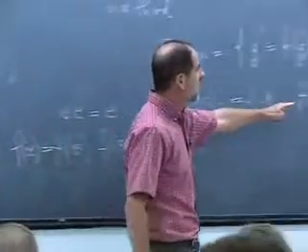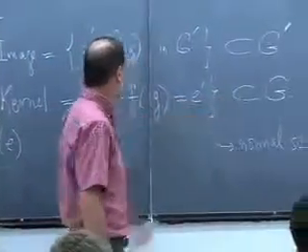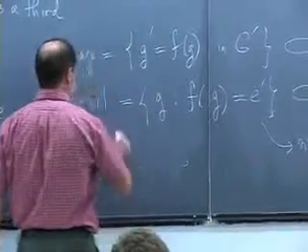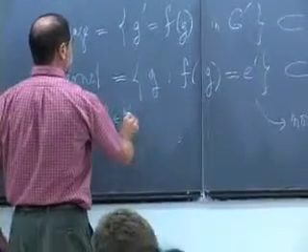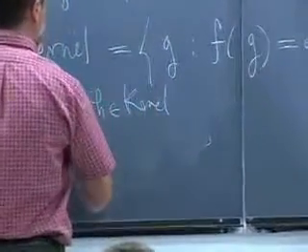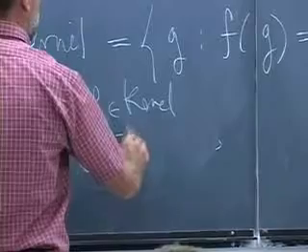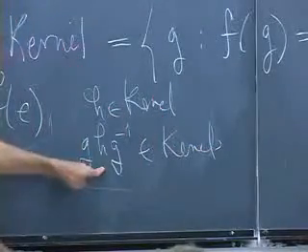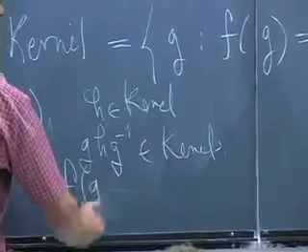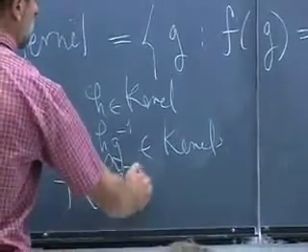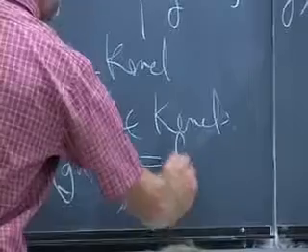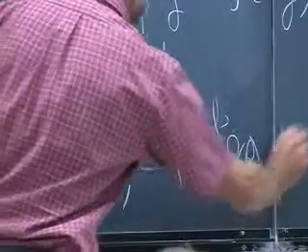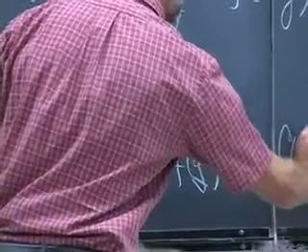So let's check that the kernel is a normal subgroup. It's easy. If we have an element g in G, and let's say h is in the kernel, we have to check that g h g inverse is also in the kernel. So we apply f to it. f of g h g inverse, using the homomorphism property, is f of g, f of h, f of g inverse.